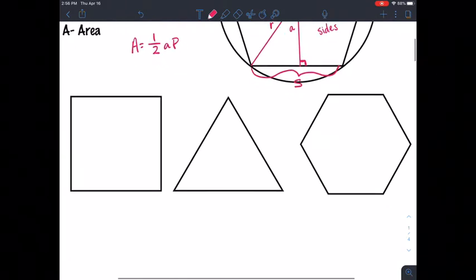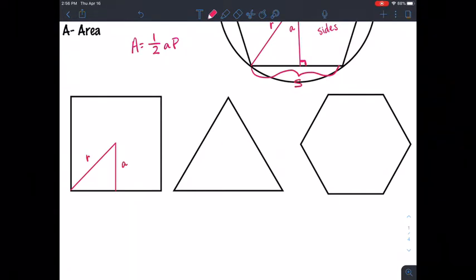So we've got 3 special ones here. If I take my square and I split it straight down the middle, here is my radius, here is my apothem, and a couple of things happen whenever I drop that apothem down with any of these regular polygons. It splits my side perfectly in half.